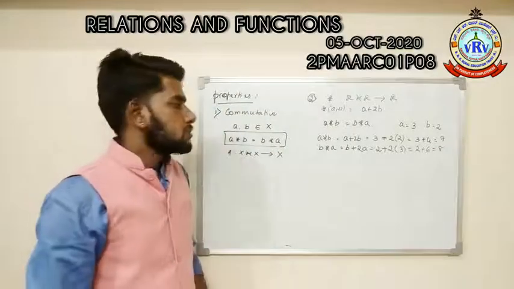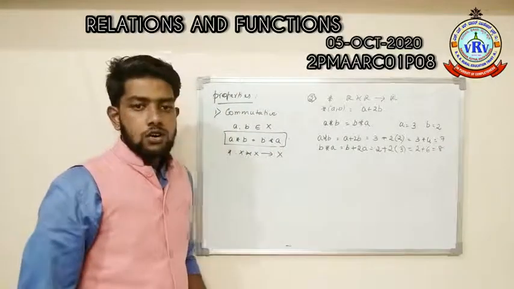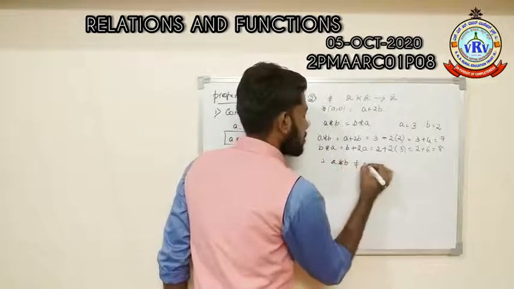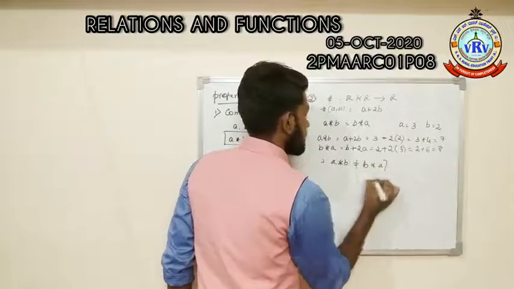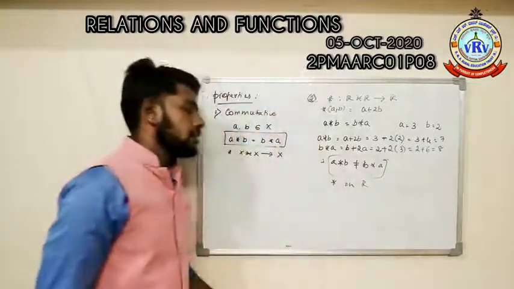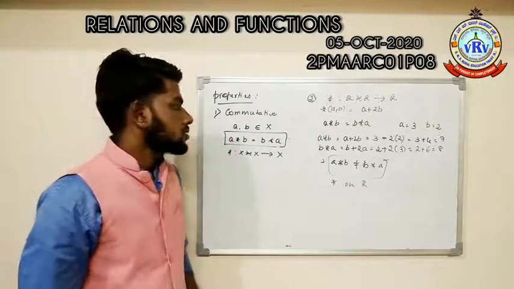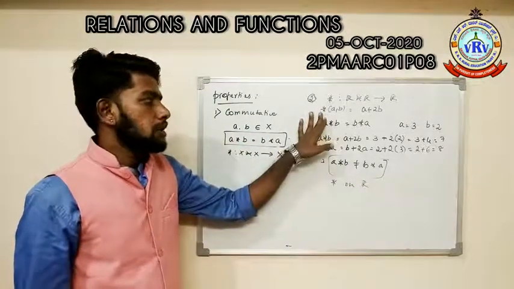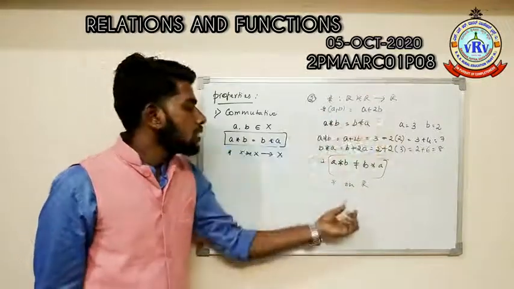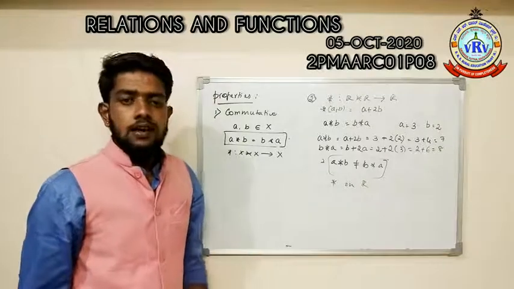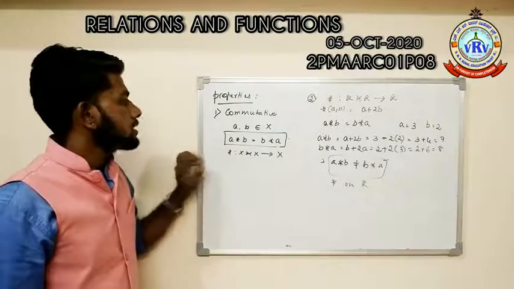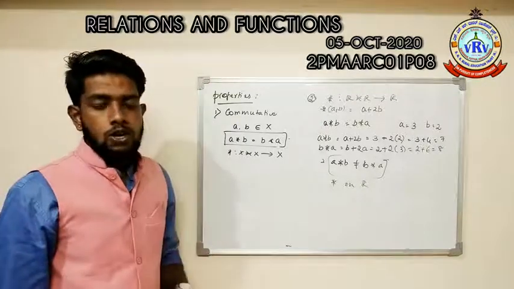Here you can observe the two sides are not the same, therefore A star B is not equal to B star A on the real number set R. So the given binary operation star, A star B equal to A plus 2B, is not commutative on the set R. Okay, this is the first property, that is commutative binary operation.